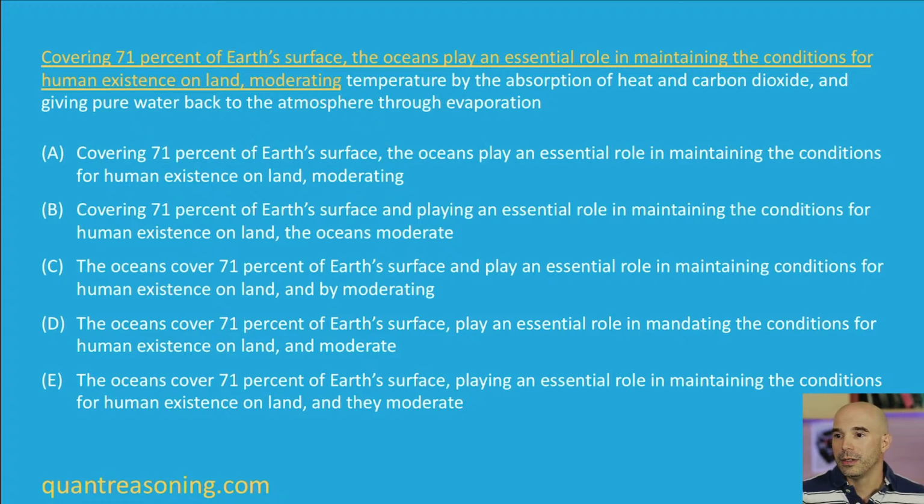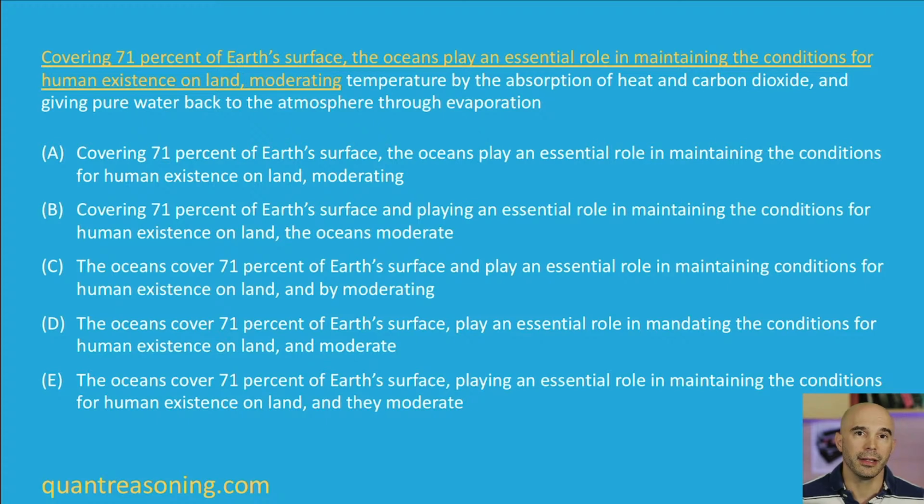And with that, I think we might be ready to look at the answer choices. But I think there's maybe one more thing we want to do before that, and that's really focus on the non-underlined text at the end. And I see someone in the chat already spotted it there. We have a comma and at the end of the sentence. And after the comma and, we have this -ing word, giving.